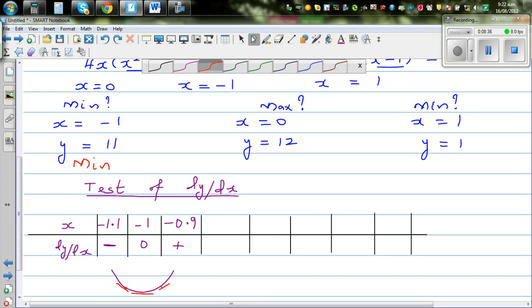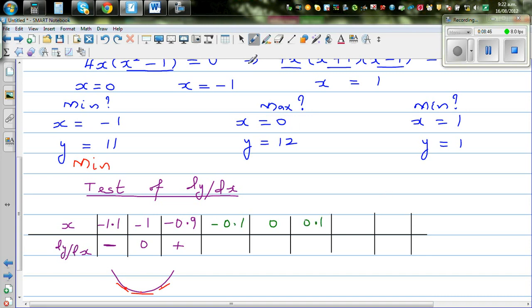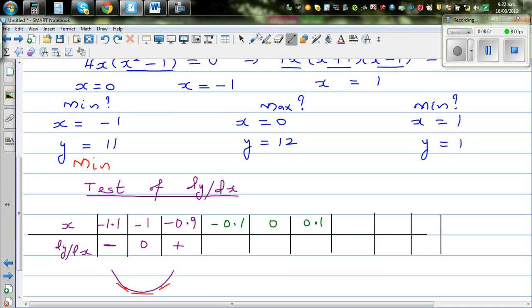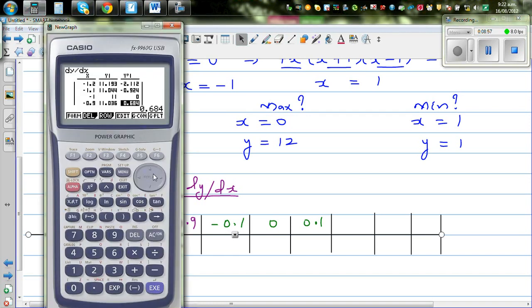Okay, so let's now use a different color. We want 0, to the left is -0.1, and to the right is 0.1. So we need one more line here. Let me complete the table. Now we'll go to 0. At 0, your gradient is 0.